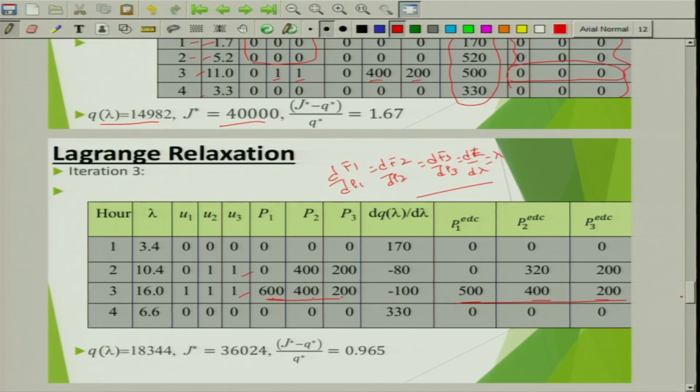So again you update Q, you update J. J is not just 40,000, it has decreased now, because you got an economic value. So ultimately you get J as 36,000, Q as 18,000, and the difference is 0.965.